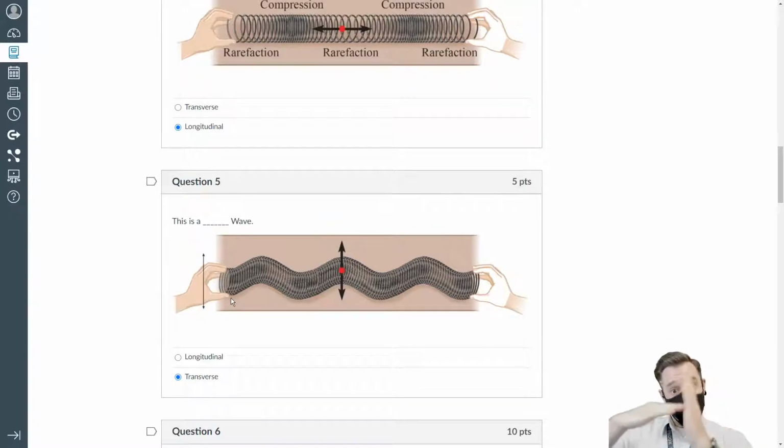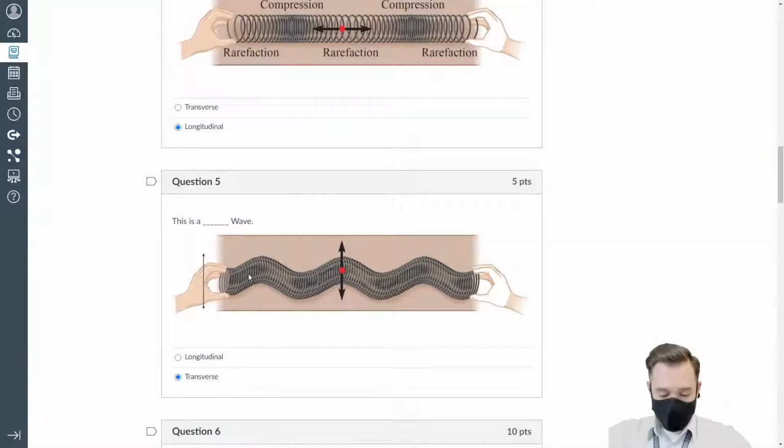So those two motions are perpendicular to each other, and that makes a T for transverse. Make sense? So if you ever have a long extension cord and you make that big old wave that travels down, that's a transverse wave. Okie dokie.